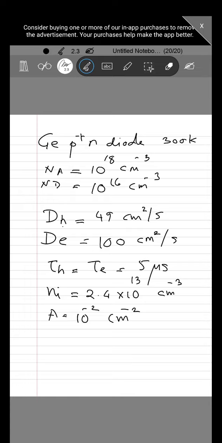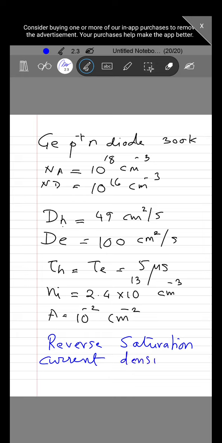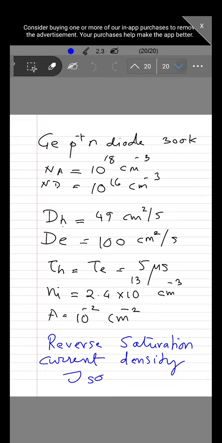So we need to find out the reverse saturation current density, JSO.